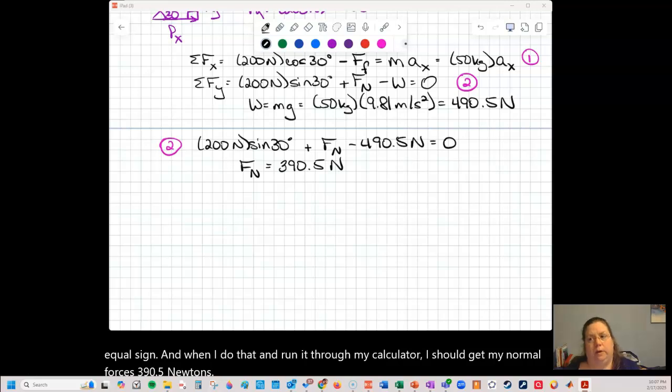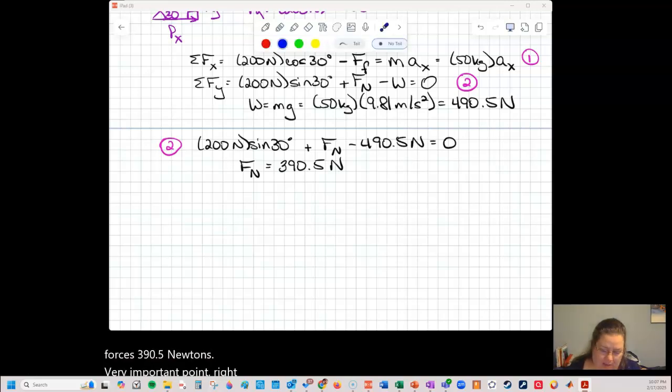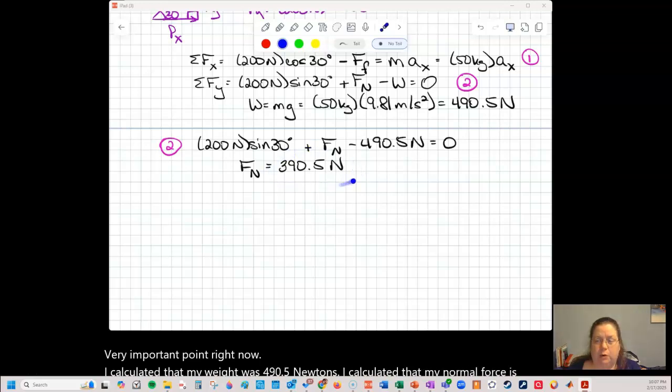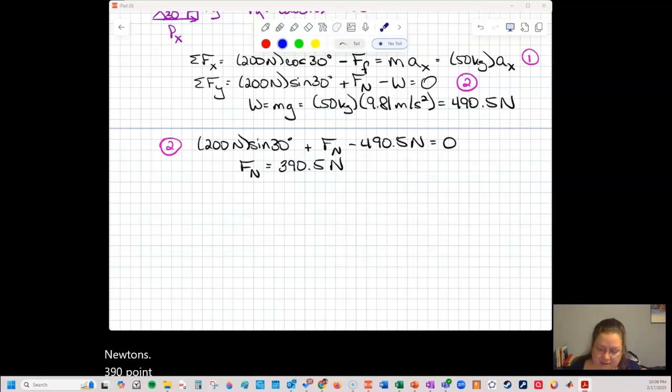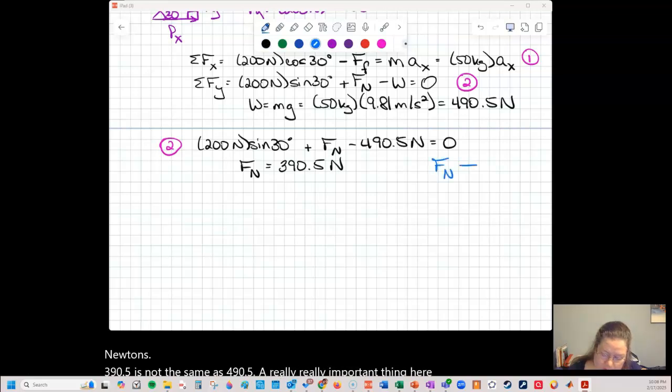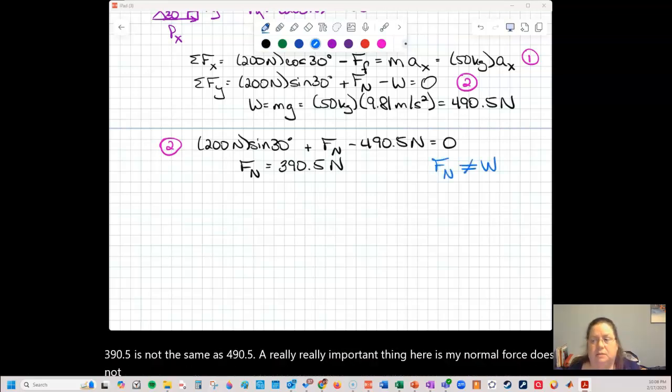Very important point right now. I calculated that my weight was 490.5 newtons. I calculated that my normal force is 390.5 newtons. 390.5 is not the same as 490.5. A really, really important thing here is my normal force does not equal my weight.